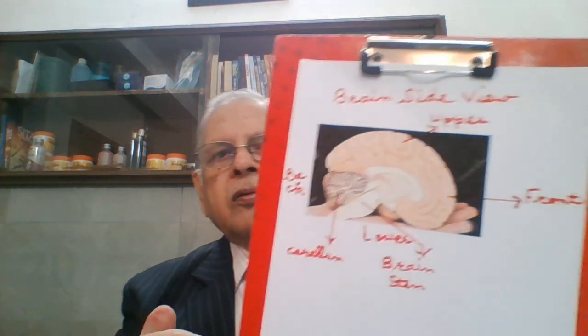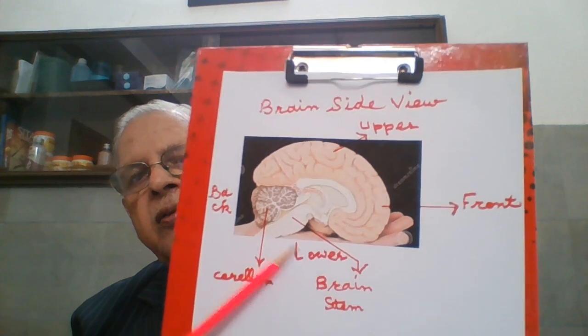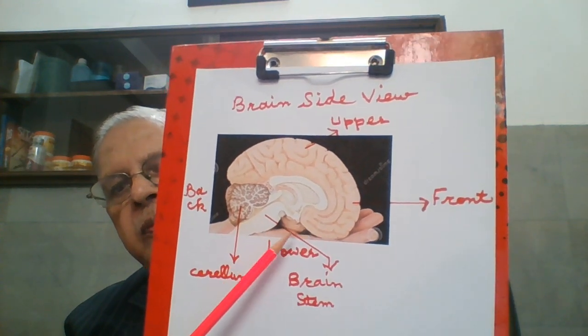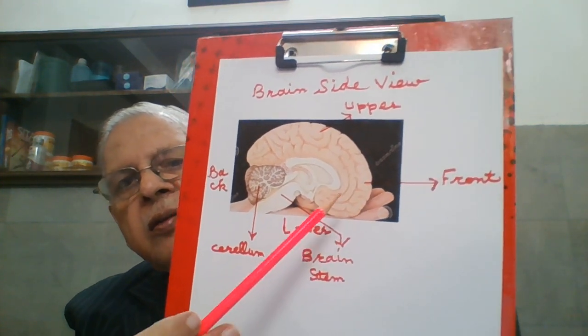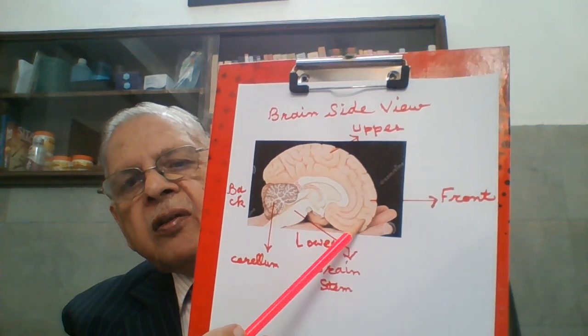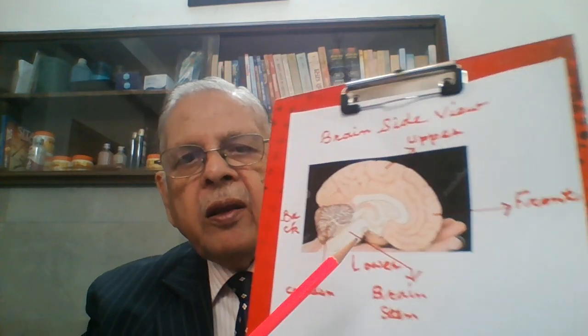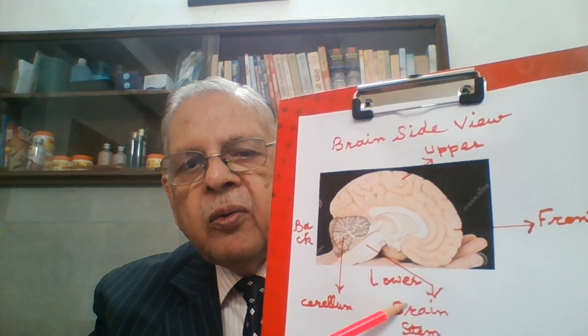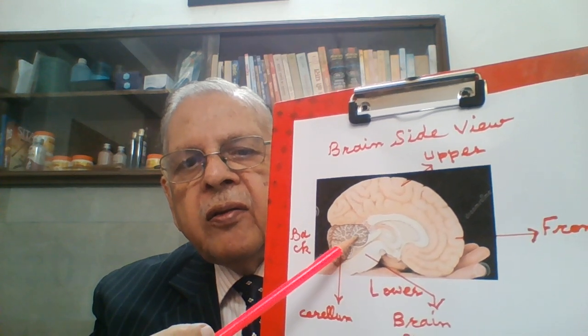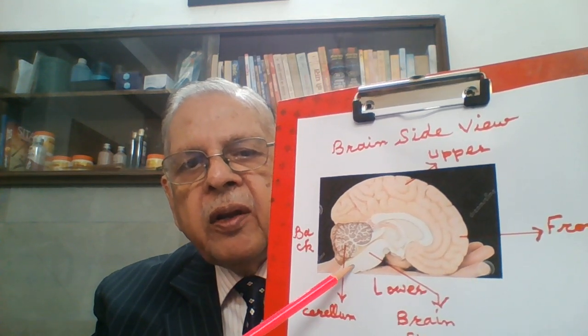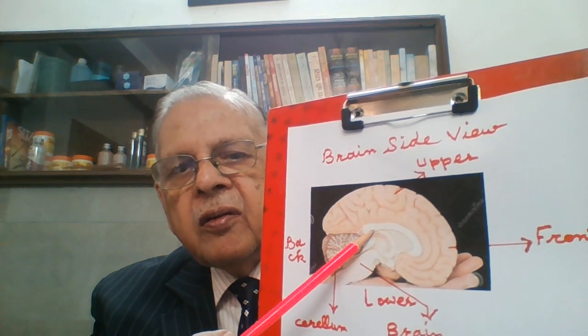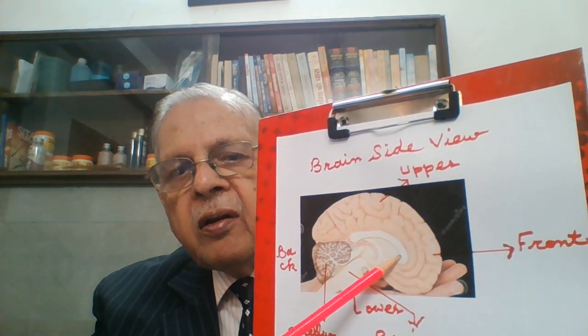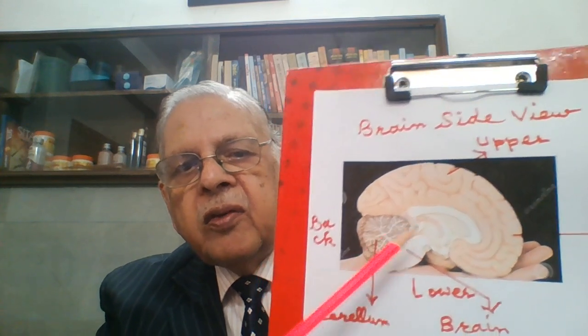See another diagram. This is the brain. This is present inside the skull I have just shown you. In this diagram, you can see this is the front part and this is the back part. This is the upper part, this is the lower side of the brain, and this is what is called the brain stem. These are the areas which those who are a little associated with the medical side know.